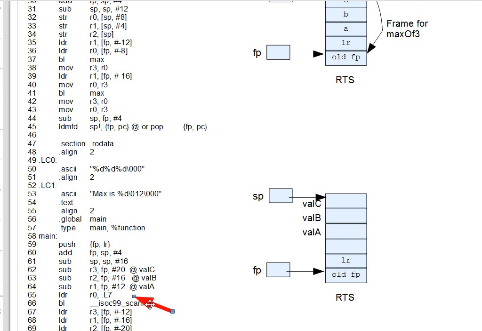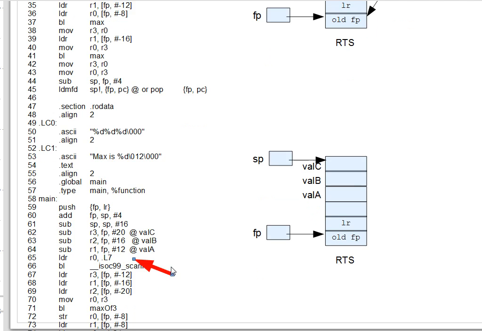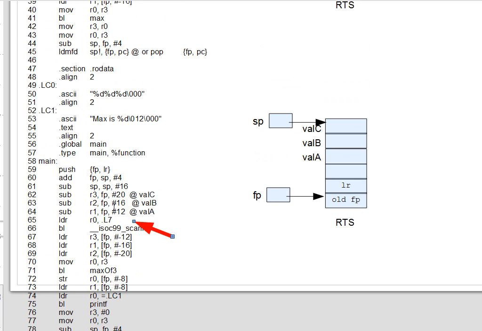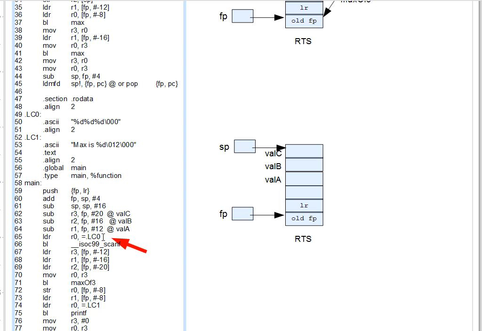Well, the answer is it's getting the address of the format string at LC0, and down at the bottom L7 has that value, but then as we know from prior discussions, we could have replaced this with an =.LC0, and that would let the assembler create the address holding word. Apparently GCC doesn't like relying on the assembler, and so it prefers setting up its own address holding words.